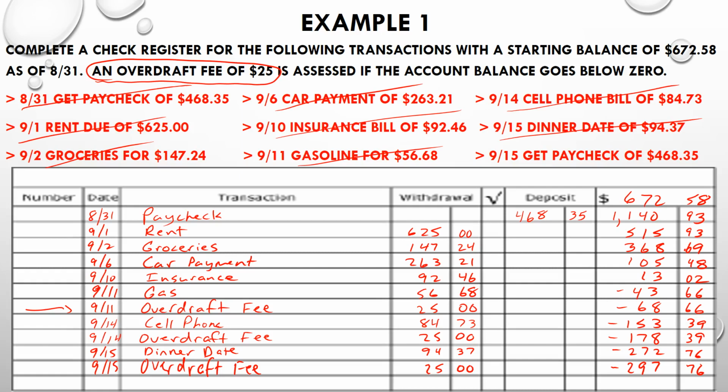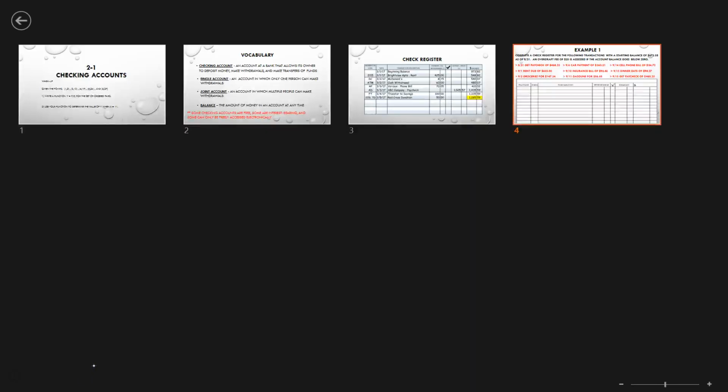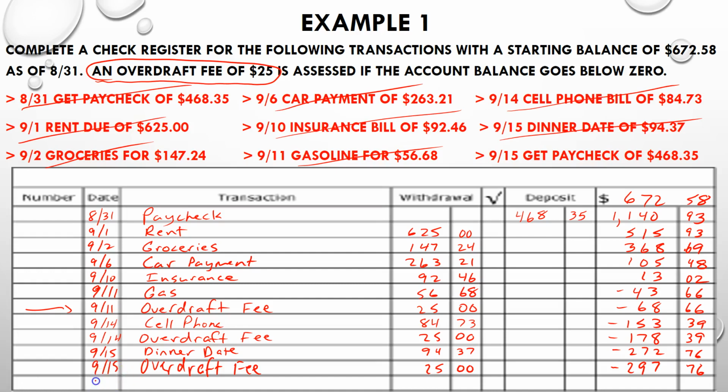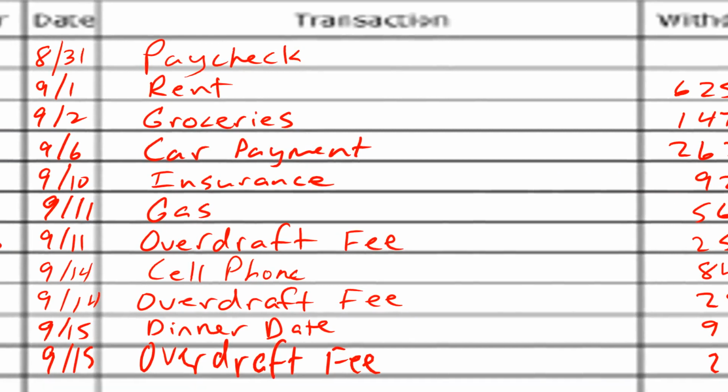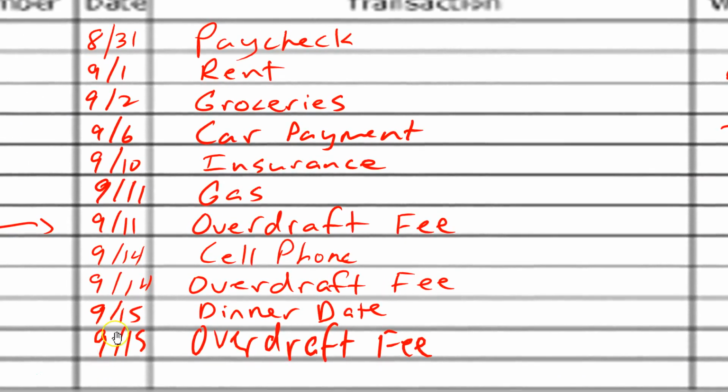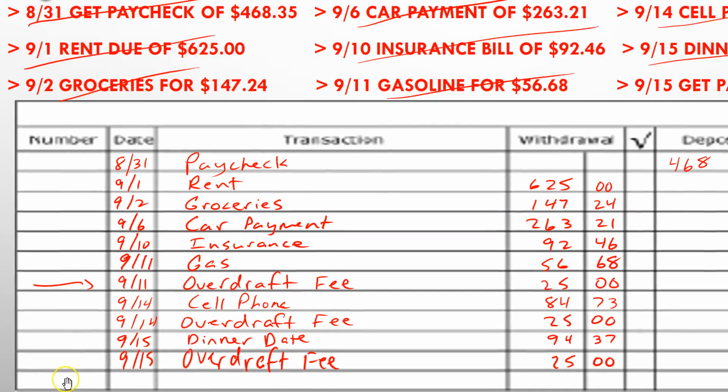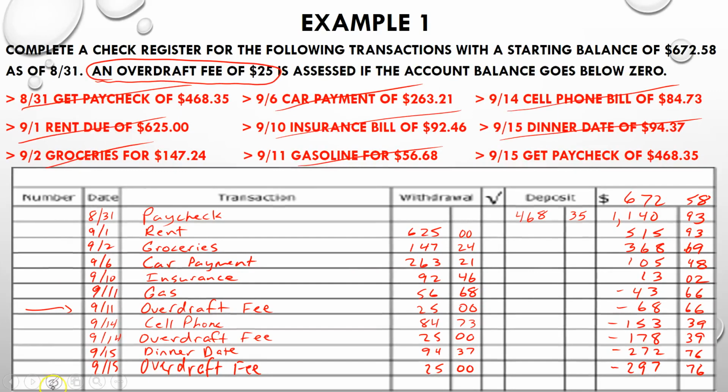Okay, let's look on this last one, 9/15. All right, on 9/15, we have, whoops. Let's see if I can get that in. It's not letting me write down there for some reason.